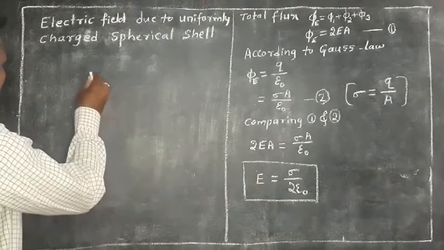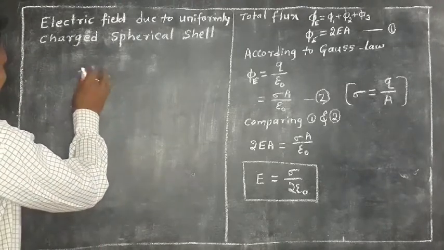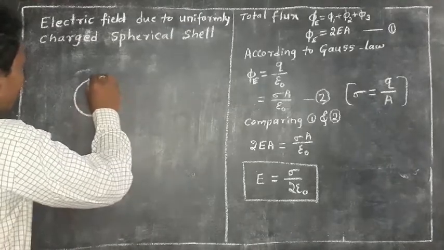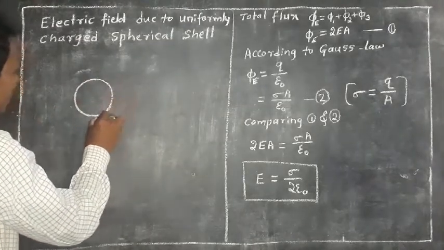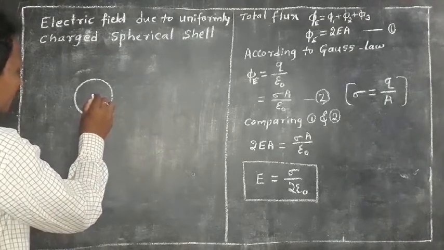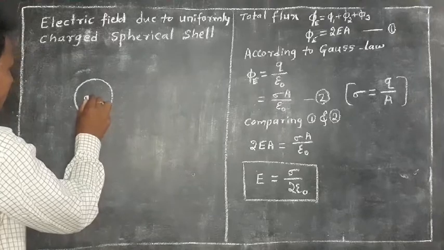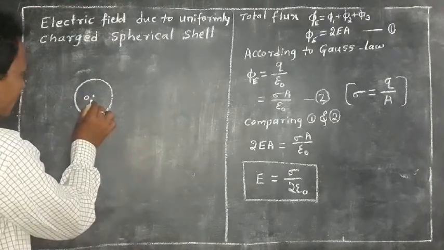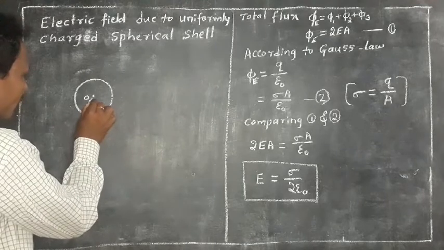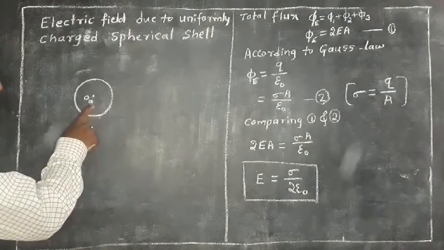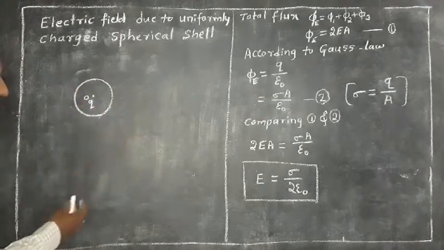Now, consider a spherical shell or sphere with center O. Let Q be the charge placed at the center. But according to the property of charge, it always resides on the surface.